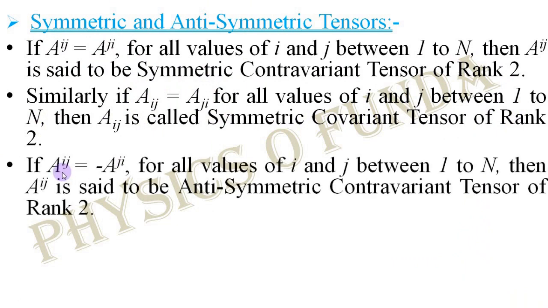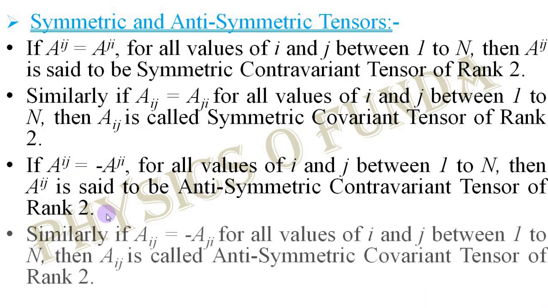Now, if Aij is equal to minus of Aji, where i and j both are contravariant indices running from 1 to n, then this type of tensor is called an antisymmetric contravariant tensor of rank 2.